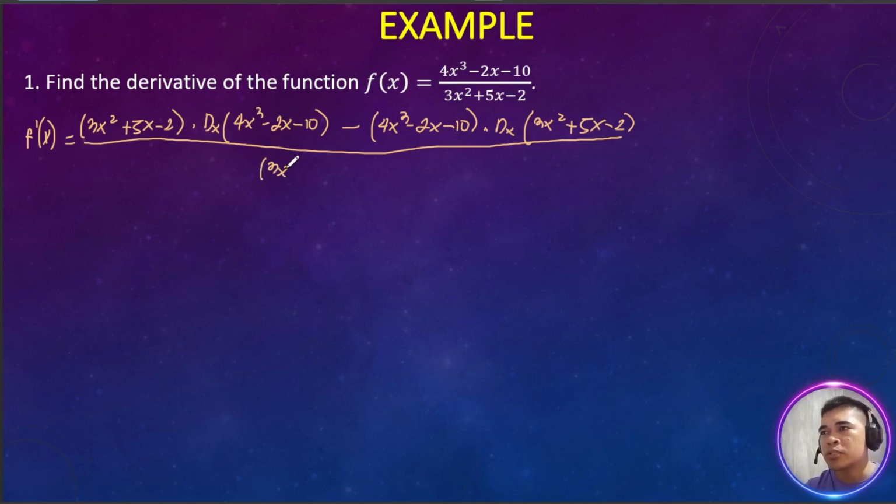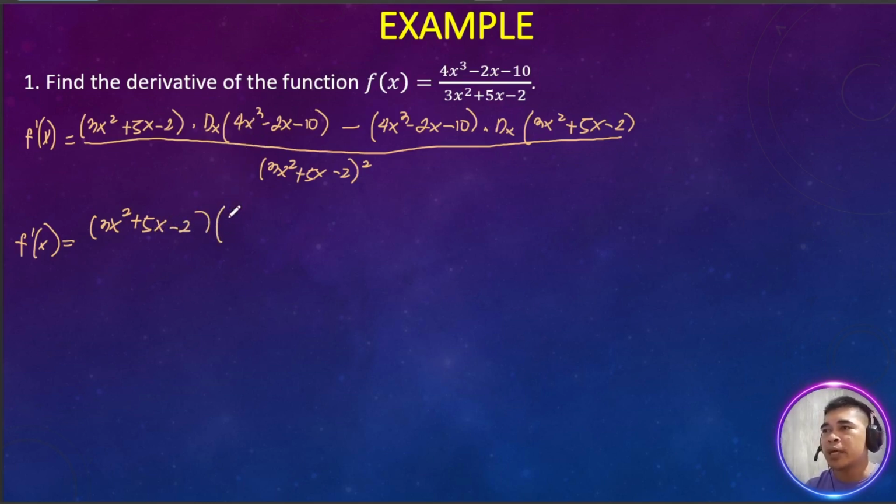So we have 3x squared plus 5x minus 2. So the square of that. So since wala tayo space, taman lamang ta sa pag-simplify sa first part. Okay, wala man tayo enough space.